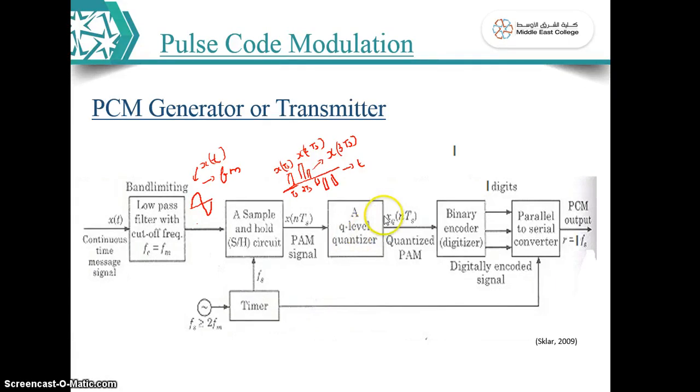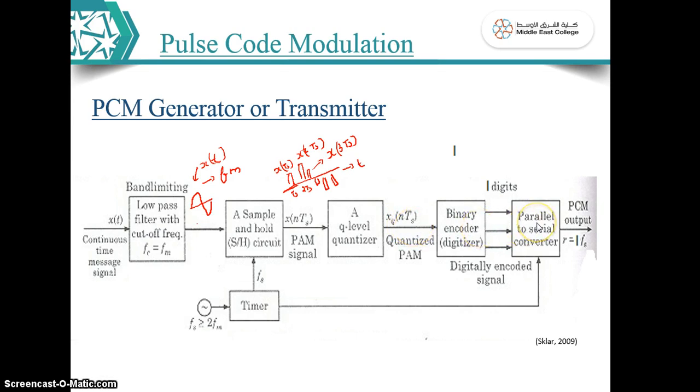This output is called x_q(nTs). Now this x_q(nTs) is given to a binary encoder. It will encode whatever this value is into the corresponding binary bits, so this data is now converted to digital. After encoding, the binary encoder may be a 3-bit, 2-bit or 4-bit encoder, corresponding to each sample.